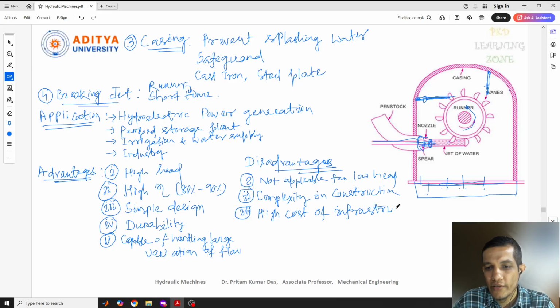These points come under disadvantages. Also, in the inlet condition, we require a high inlet pressure.